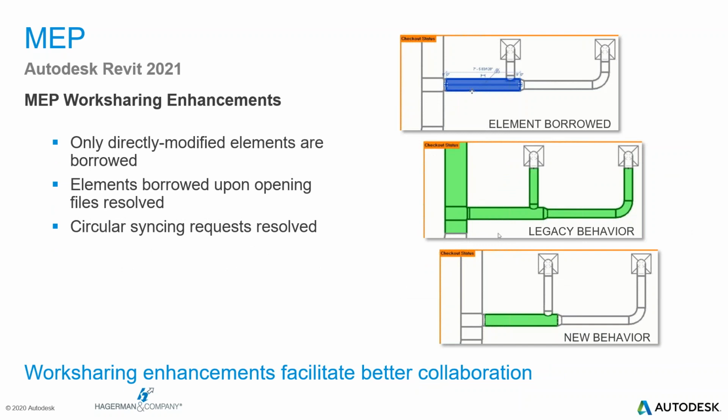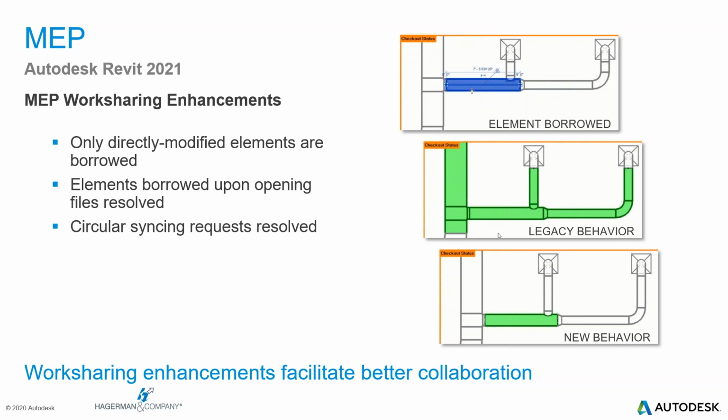Using the work sharing display to compare the legacy and new behavior, previously all indirectly modified elements are borrowed. Now it's only the directly modified elements that are borrowed. To resolve work sharing issues, the auto heal behavior for inline elements was disabled.